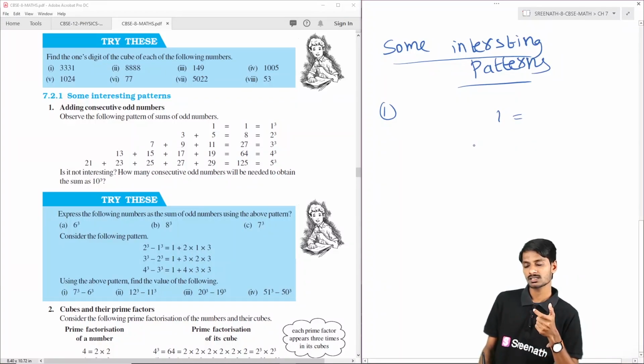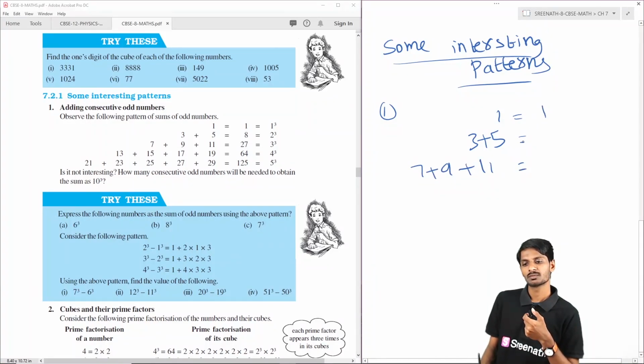If you add the next consecutive odd numbers, that is 3 plus 5. If you add the next consecutive odd numbers, that is 7 plus 9 plus 11. If you do like that, 1 is 1, 3 plus 5 is 8, and this will give 27. And if you further go 13 plus 15 plus 17 plus 19, it will give 64.